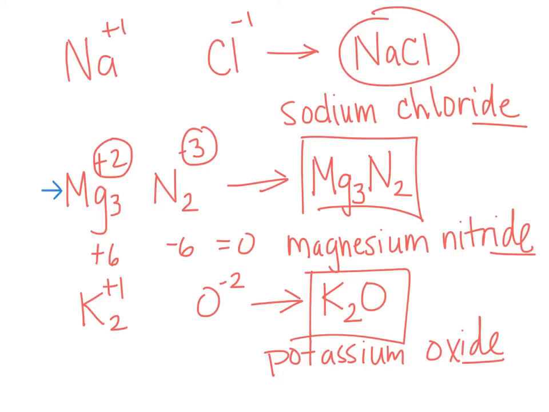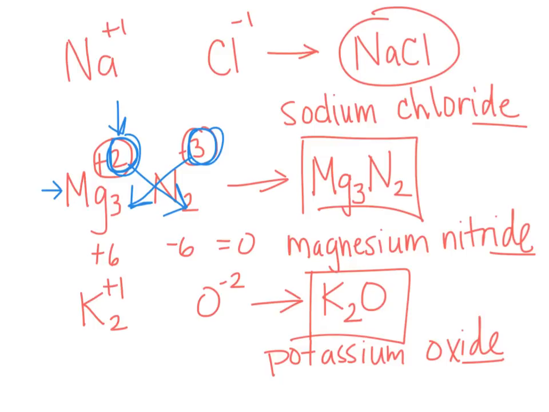The crisscross method is you would just take the number from the charge, criss, take that number, cross. Okay, crisscross. So you see how the 2 from magnesium came to the bottom, right? This 2 came to the bottom here, and then the 3 crossed over there. And then when you do the crisscross though, you leave the charges off.